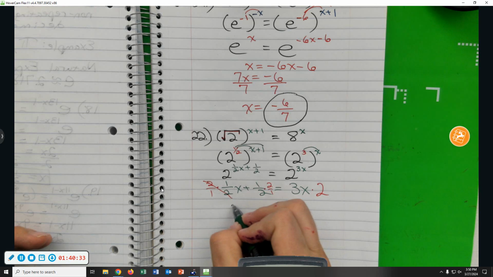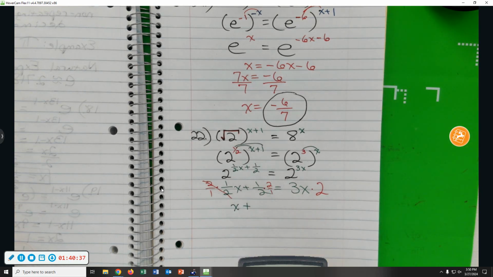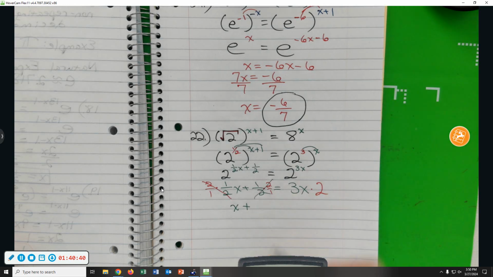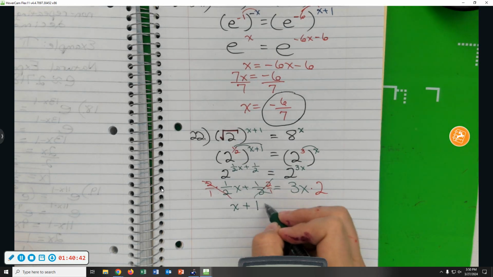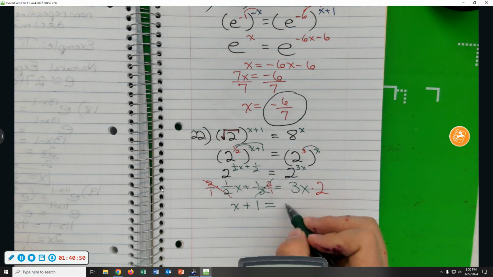Just an x plus, here, what's canceling? The 2's cancel, leaving me just a 1. What have we got on the right side? 3x times 2. 6x.